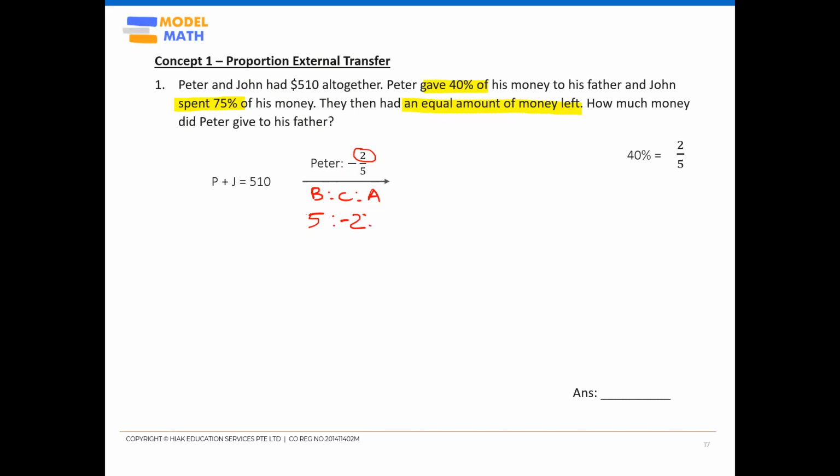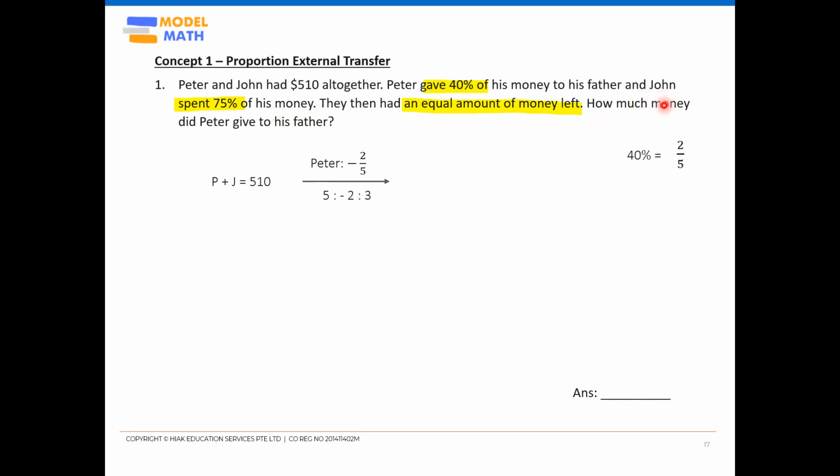All right, and after means whatever is left. So from 5 units, he lost 2 units, which means now he's left with 3 units. So this is how we write our BCA ratio. I'm going to erase this because I will show that on the slide. All right, so there'll be 5, so minus 2 is to 3. If you would like to add in the title B to C to A, please go ahead.